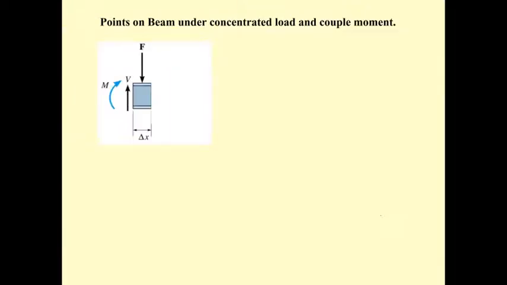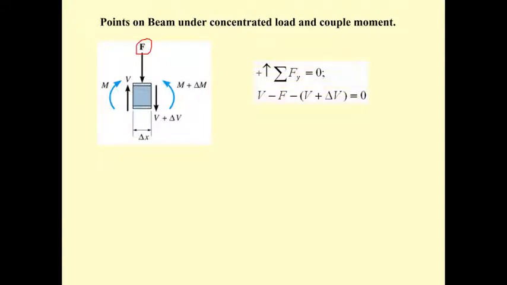And then for the beam with the point load, we consider the small segment of the beam again, but this time we have the force F. At the force F, we can consider the change of the shear and the moment by summation of F sub y equal to 0. By summing like this, upward is plus, so this is plus, this is minus, and this is going to be minus.